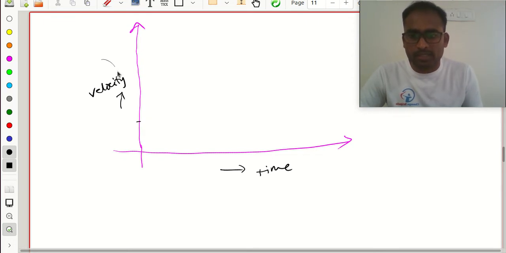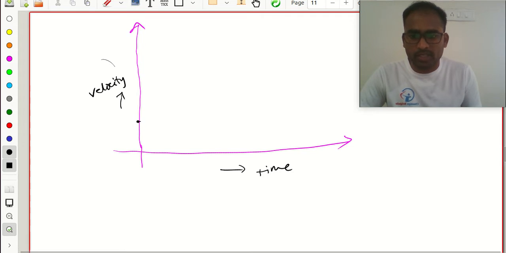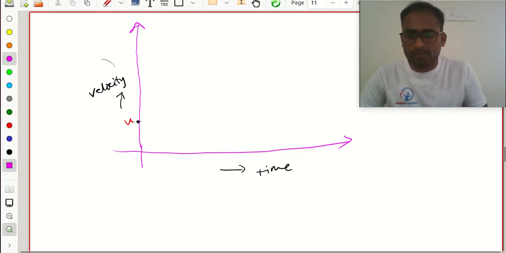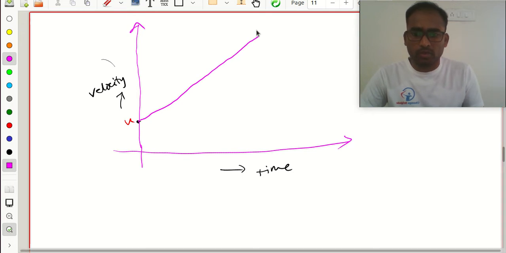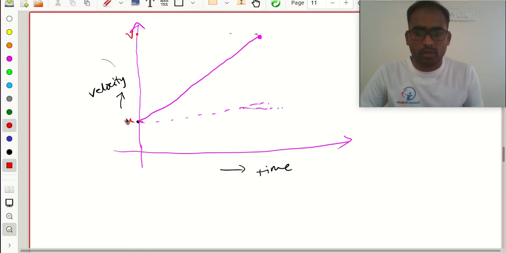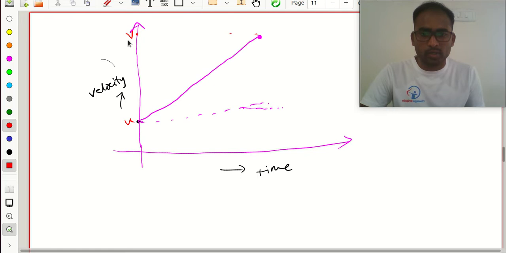This is our velocity axis. So I am taking here some initial velocity as U, and I am moving with a uniform accelerated motion. So I am moving from here like this, uniformly only. And I stopped here. I stopped here means this is my final velocity V. I know my initial velocity U, my final velocity is V. Till now you understood?